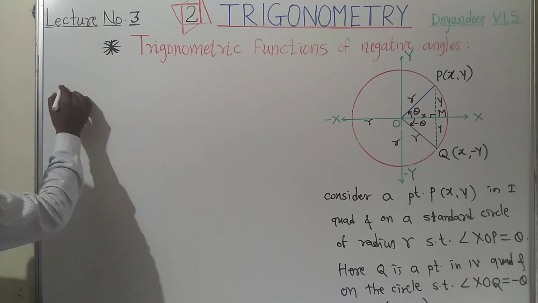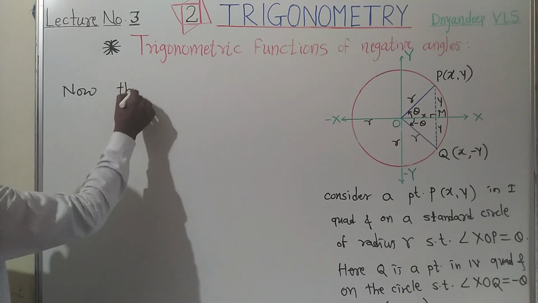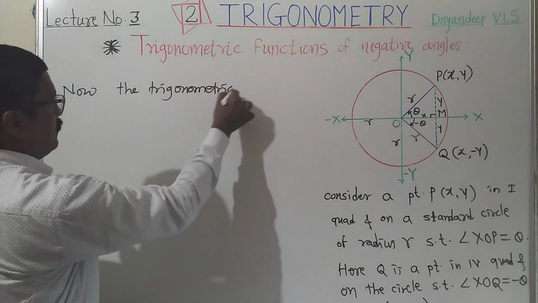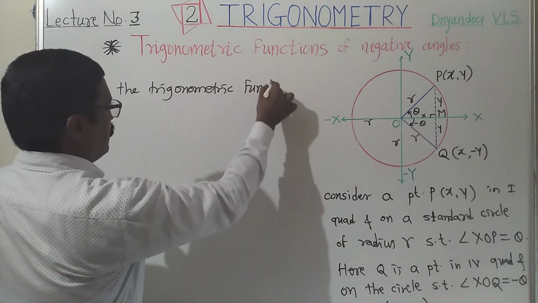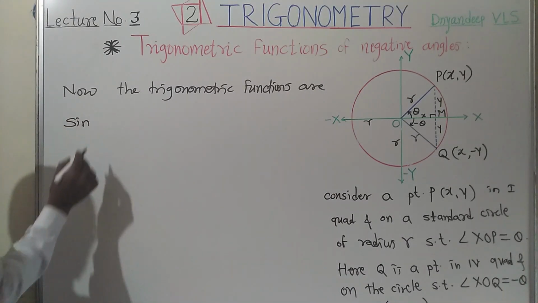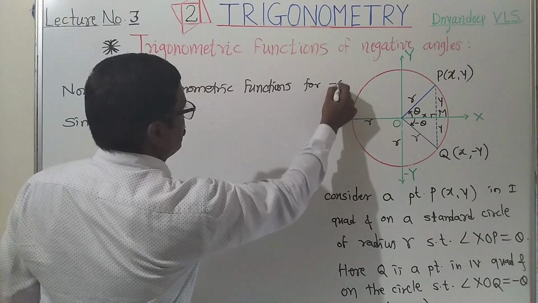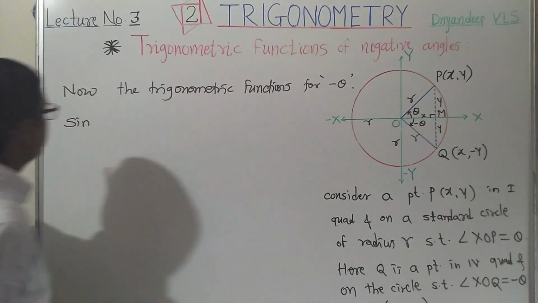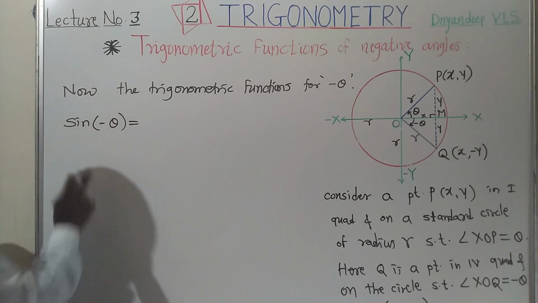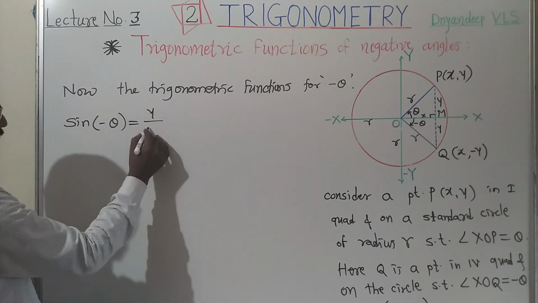Now, the trigonometric functions for minus theta. Sine of minus theta is equal to, what is the trigonometric ratio for sine theta? It is y upon r.